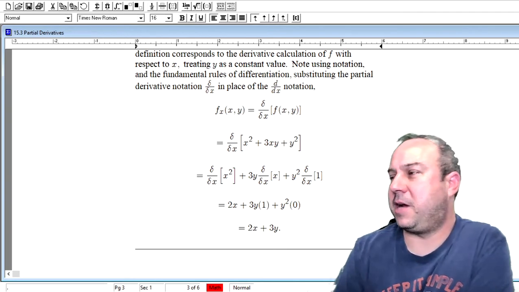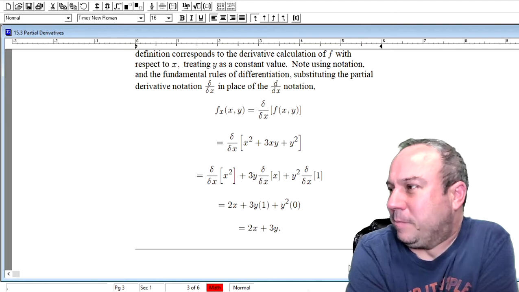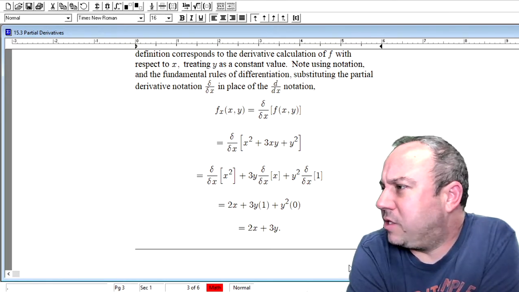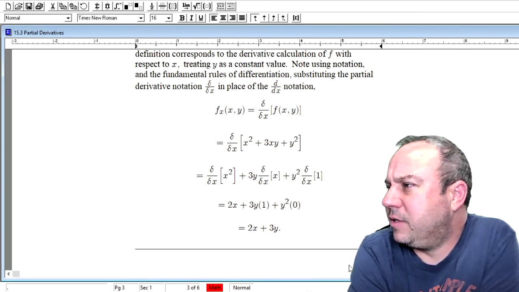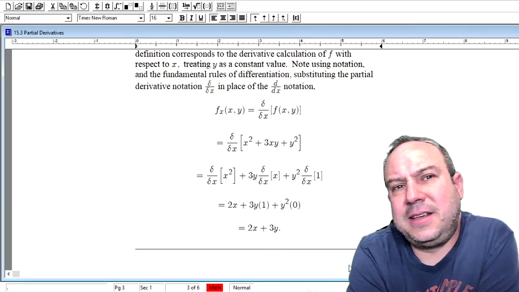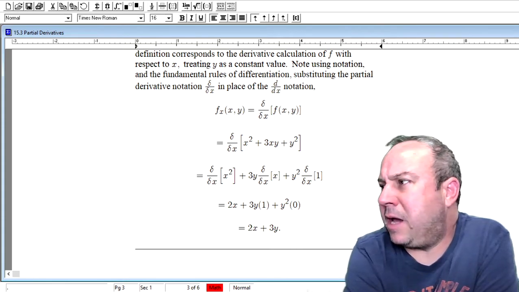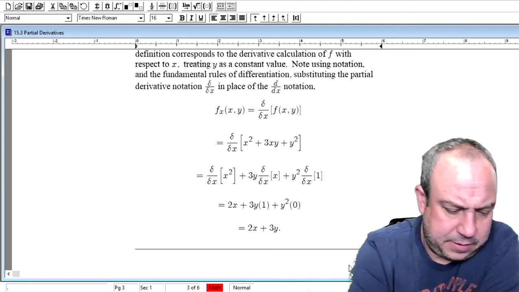Don't date yourself with chapters, Fred, right? So, we can just apply those rules from our study of derivatives, treating the y as a constant, and calculate partials in the manner I illustrate here. All right?